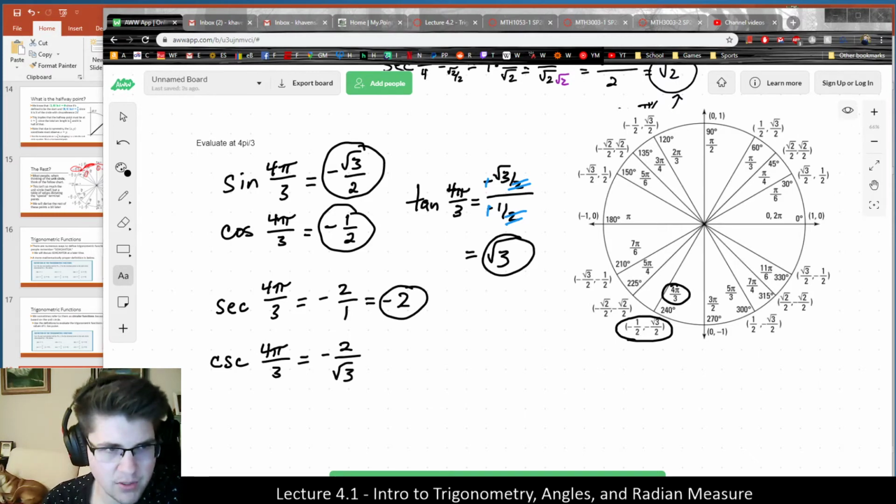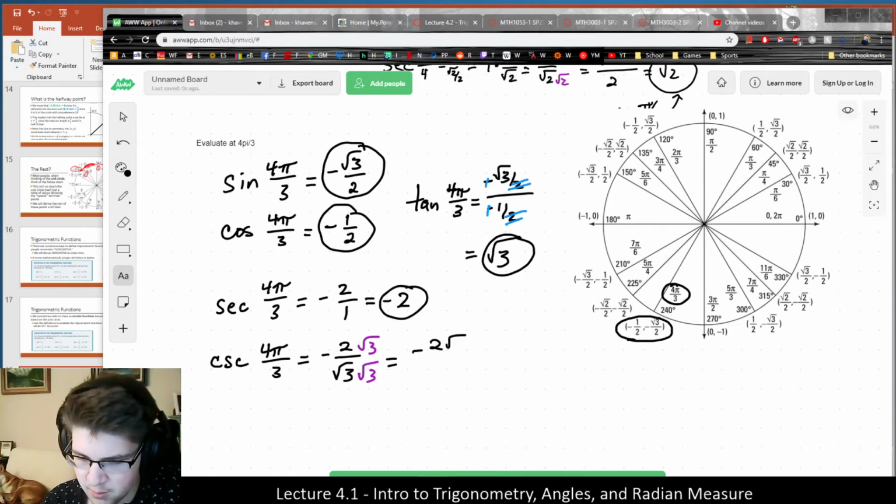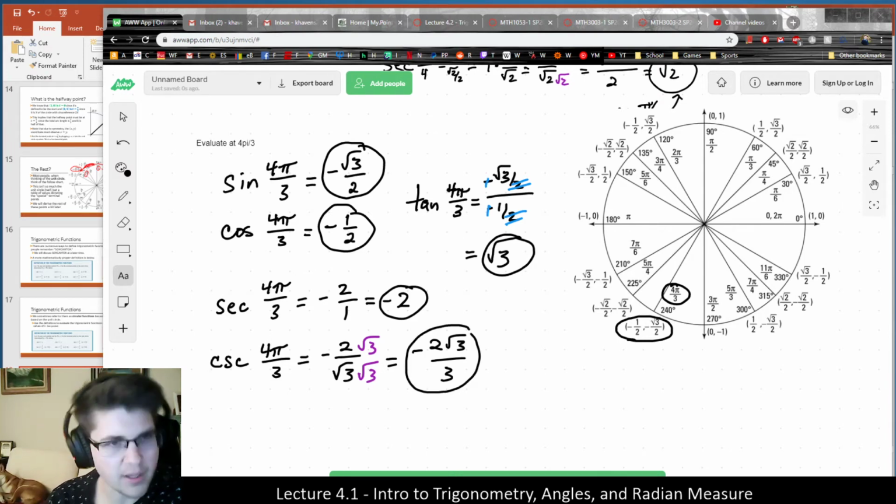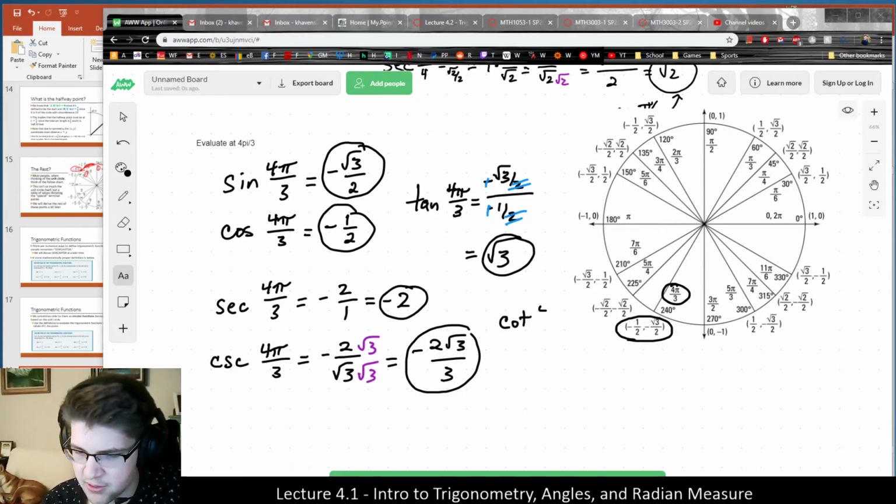And again, we would generally want to rationalize this. So multiplying by the denominator will help me rationalize the denominator, which would give me negative 2 root 3. And that will not simplify, unfortunately. And then the cotangent for the last of the bunch is going to be the reciprocal to tangent.